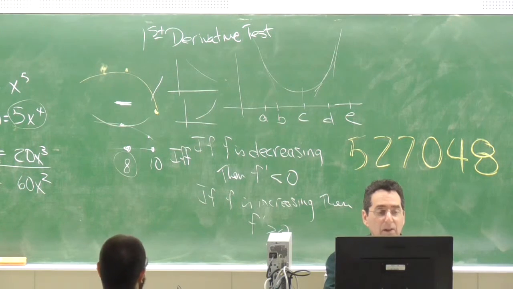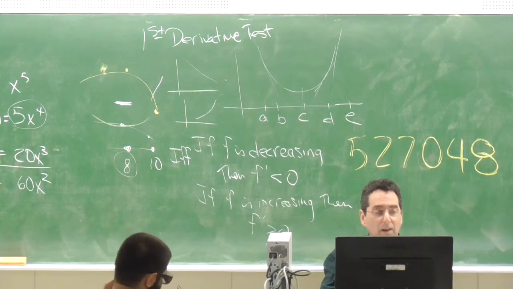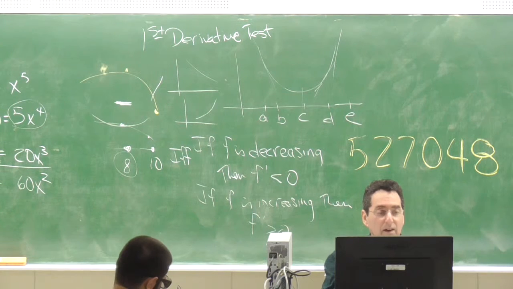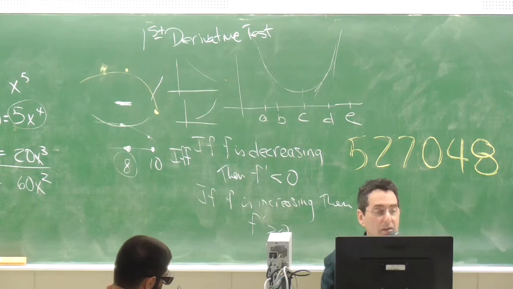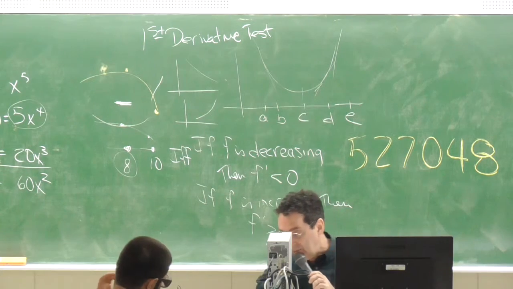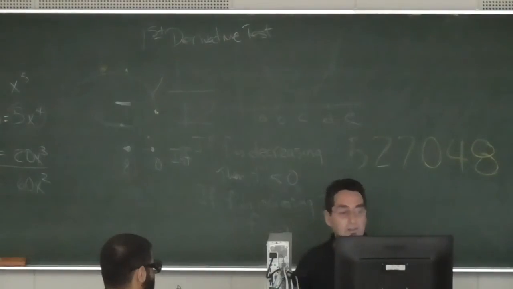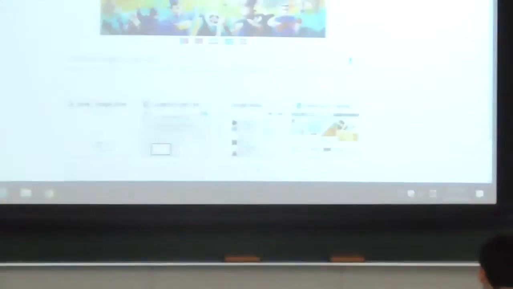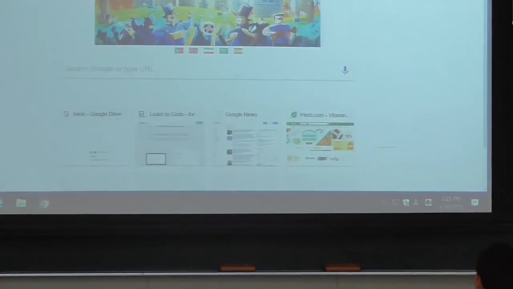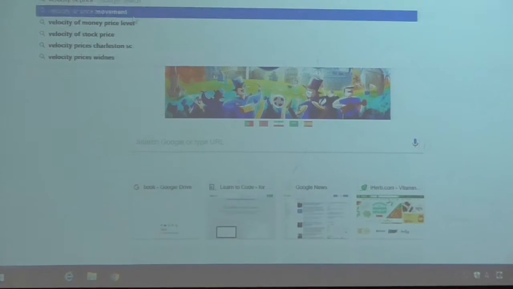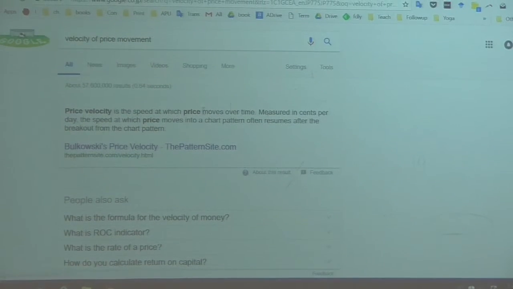Velocity of money, there's something called that, but that's different. Let's see this. Okay, there, at least somebody has looked for it, velocity of price movement. Here's the velocity of the stock price. Let's see what this means, if anything.